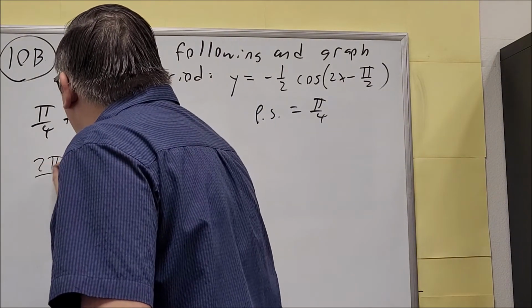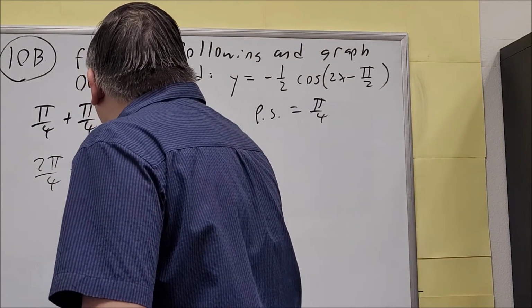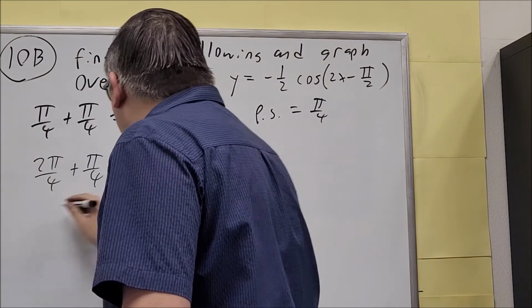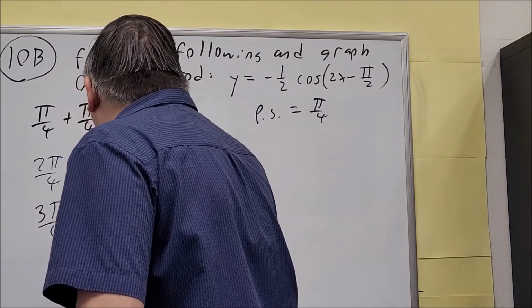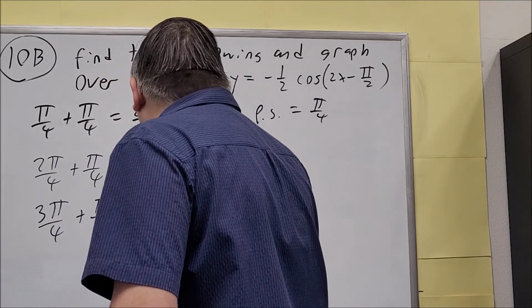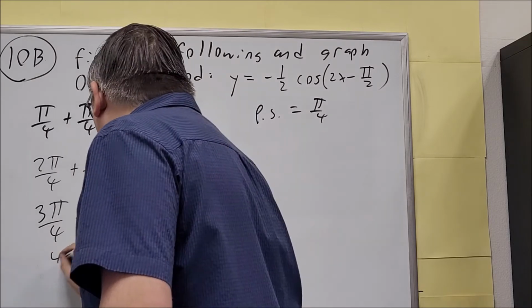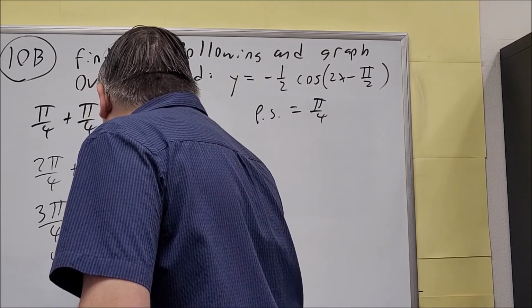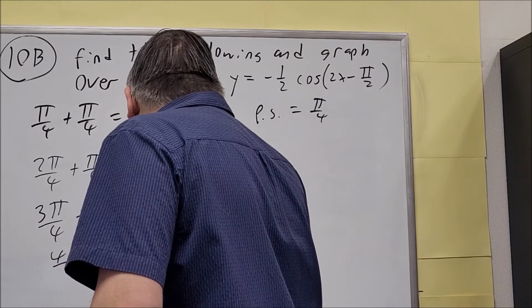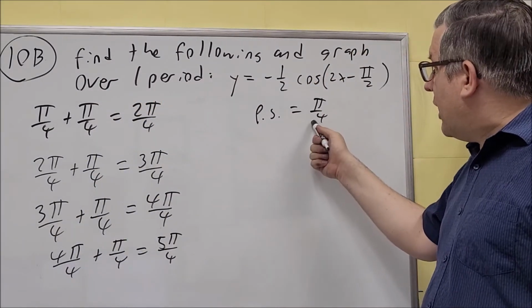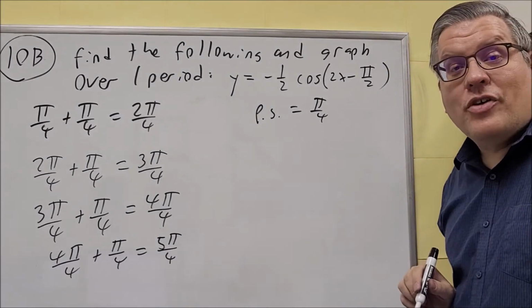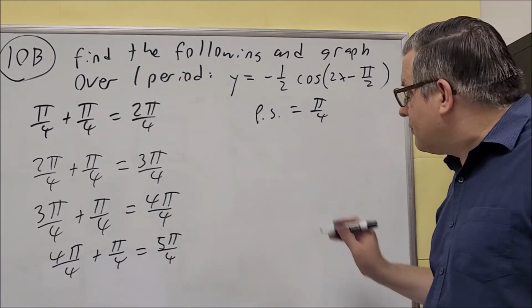Next one, 2 pi over 4 plus pi over 4 is going to give you 3 pi over 4. 3 pi over 4 plus pi over 4 is going to give you 4 pi over 4. And 4 pi over 4 plus pi over 4 gives you 5 pi over 4. So those are your 5 key points that we have here.